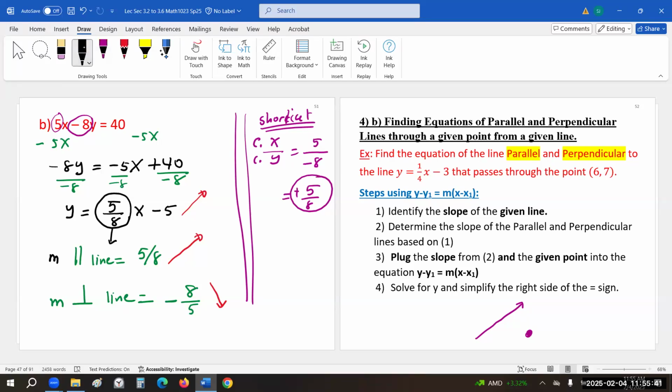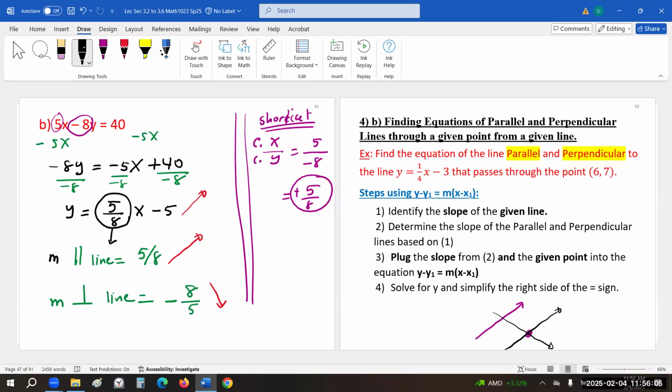If you draw a parallel line, it will be something like this. And if you draw a perpendicular line, it will go something like this. What is the equation of this parallel line and what is the equation of this perpendicular line? That's the story, okay?